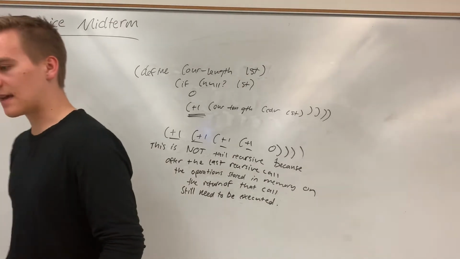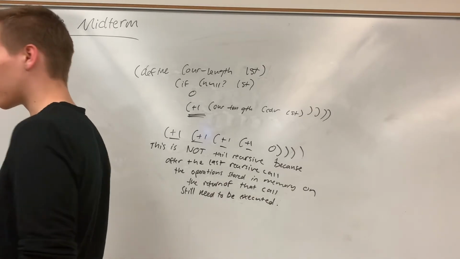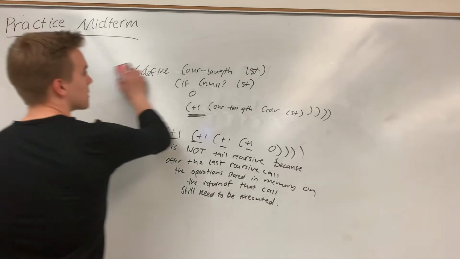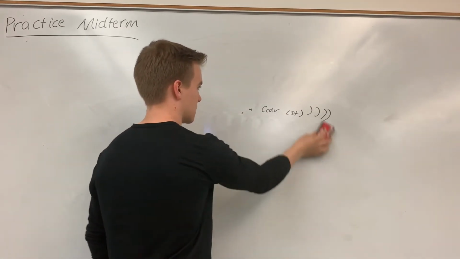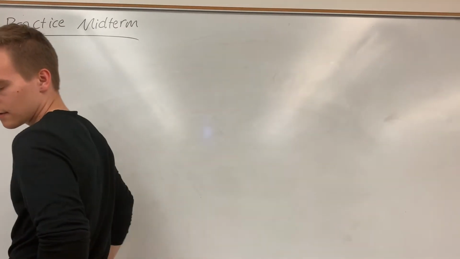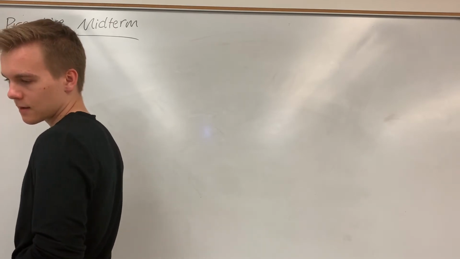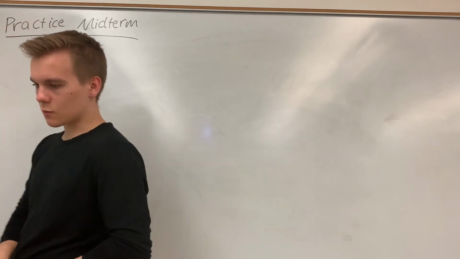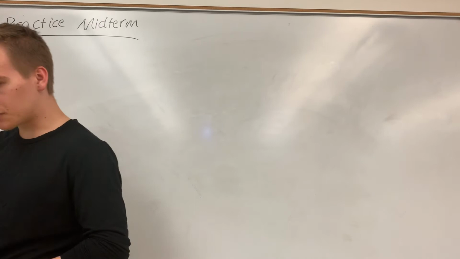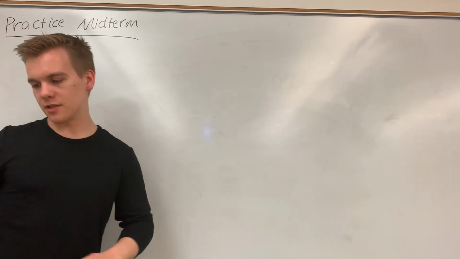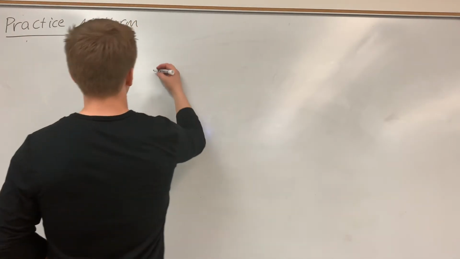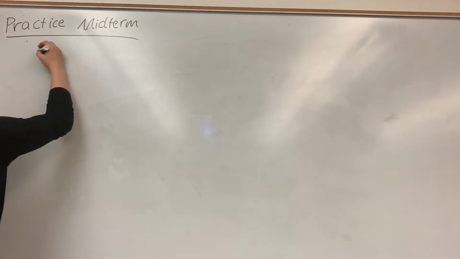And then 5D asks me to draw another tree of recursive calls, so I'll erase this. For the application rep true 2, the procedure rep is defined as follows. So basically we have to figure out what this procedure does, and I'll write it out really quickly. Maybe I'll do it over here so I have space.